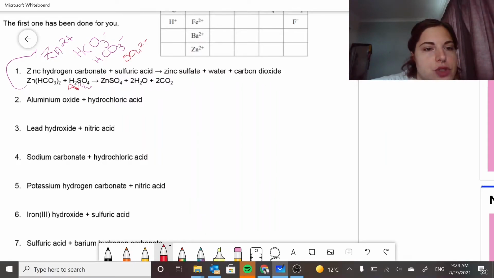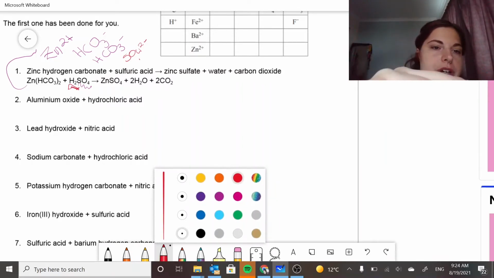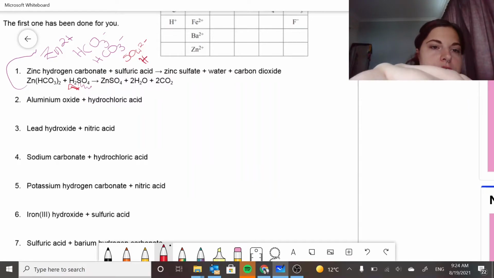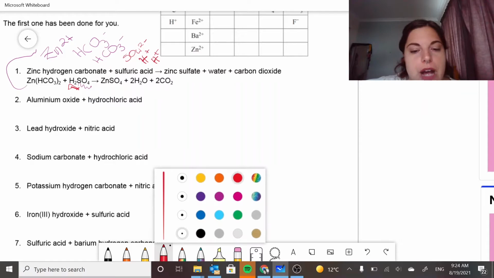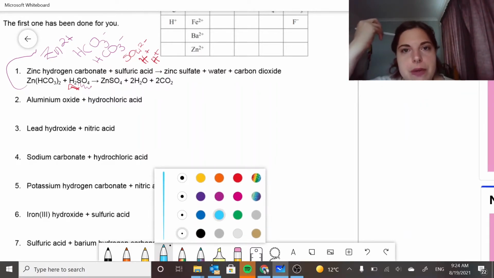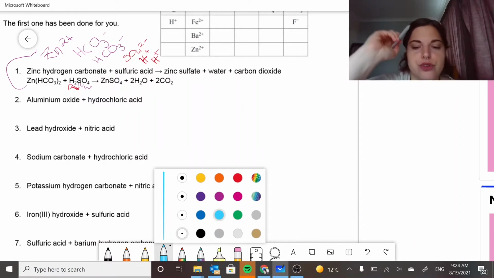We can see that there's 2 H's there, and that's because we need the 2 positive charges to balance out that 2 minus charge. Okay? Hopefully you're following along. If not, just keep buckled up. Now this is the bit where you need to do a little bit of puzzling, a little bit of problem solving, and also keep in mind carbonates form carbon dioxide. Okay? That is key. That is crucial.